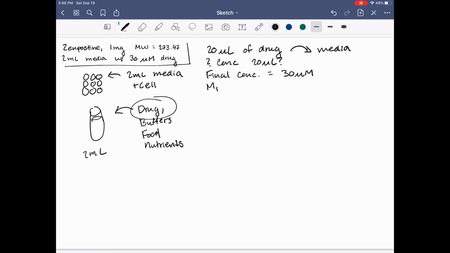Well, this is just M1V1 equals M2V2. Okay, so our initial concentration, that's what we want to know. Our initial volume is 20 microliters. Our final volume is 2,000 microliters.